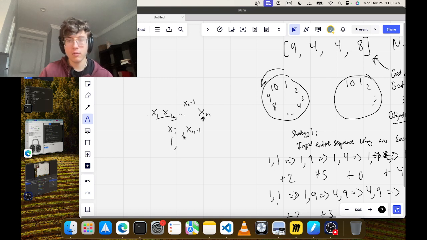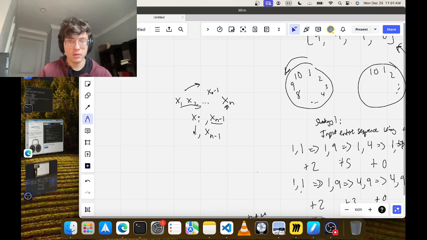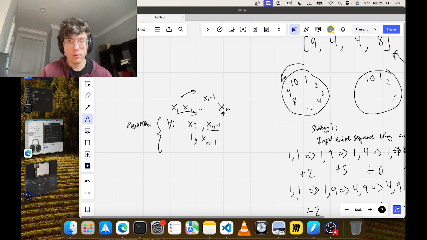Because we could have left the lock at position 1 and just moved the second one all the way through all of these x's, in which case we would still have a lock on position 1. So all the possibilities are xi for every single I, or 1. These are the possibilities where we might have just come from. Makes sense so far?